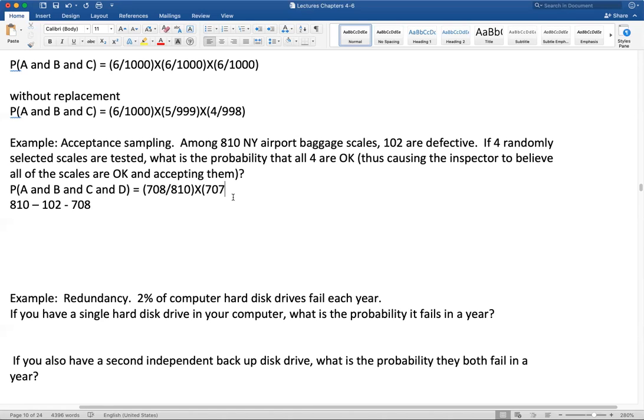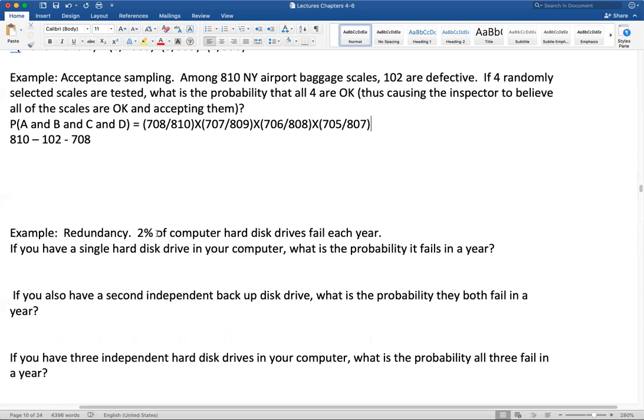So the number of baggage scales which are okay is reduced, 707 over 809, because the total number of baggage scales also is reduced. Times 706 over 808 for the third trial, and the last trial is going to be 705 over 807.